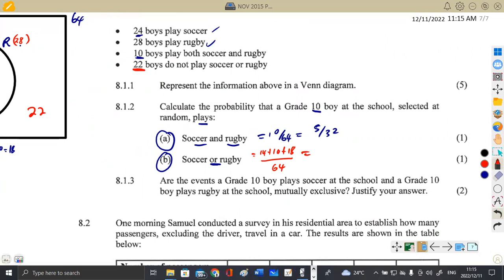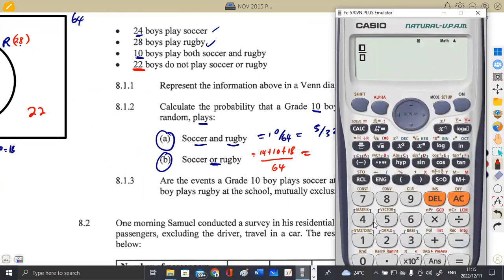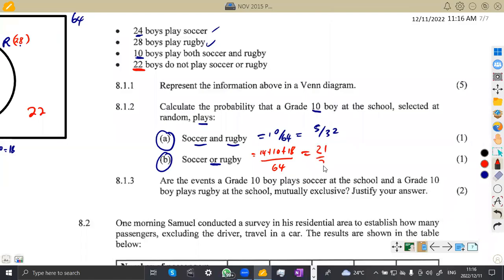All right, so if we add these numbers, what do we have here? 14 plus 10 plus 18, everything over 64. That is 21 over 32. All right, 21 over 32. So there can be actually so many ways of evaluating this or writing this. You can even write as fractions, guys. I don't know which one is best for you.